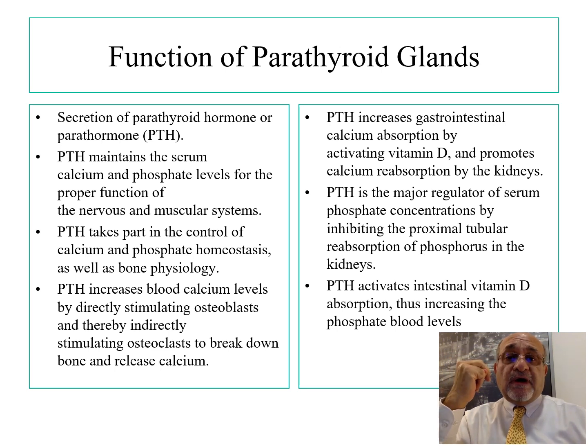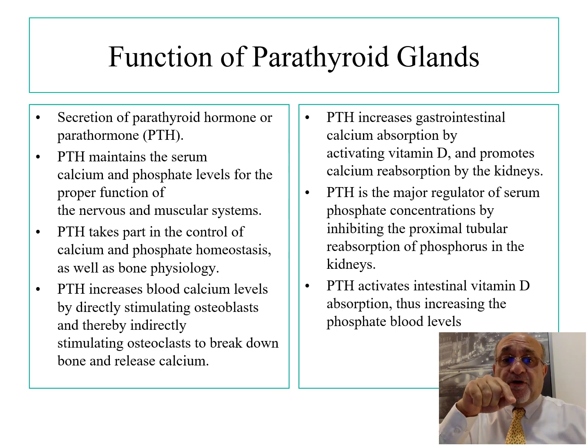Those two, the calcium and the phosphates, are responsible for the proper function of the nervous and the muscular system. The parathyroid hormone takes part in the control of calcium and phosphate homeostasis, as well as bone physiology.